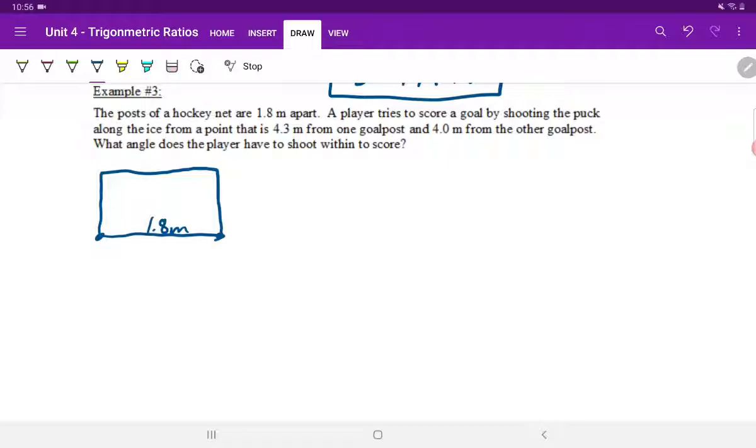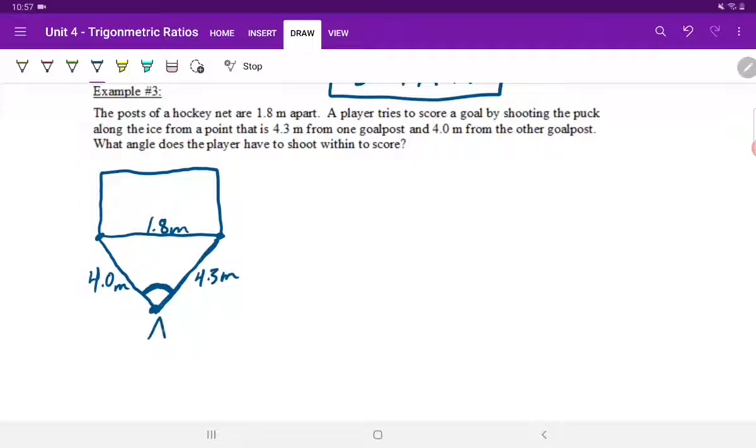So somewhere here, someone is trying to shoot the puck, 4.3 meters from one goal post, 4 meters to the other goal post. And we're asked, what angle does the player have to shoot within to score? That angle is here.